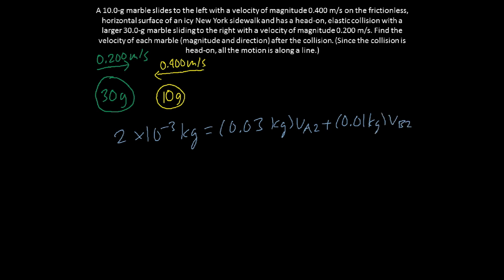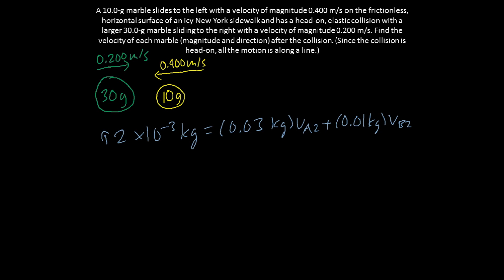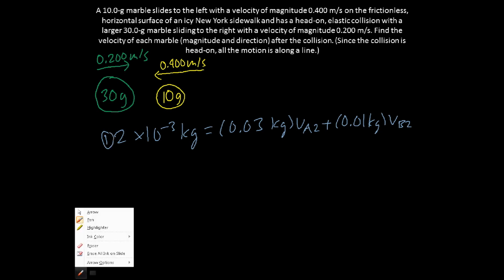Now notice that we have two unknowns here, and there's no way we can solve this if we don't know the technique that I'm going to show you right now. Usually these kinds of problems give the final velocity of one block, or that marble, but in this case they don't. So I'm going to share with you a technique. I will label this first as the first equation, since we're going to use a system of linear equations.